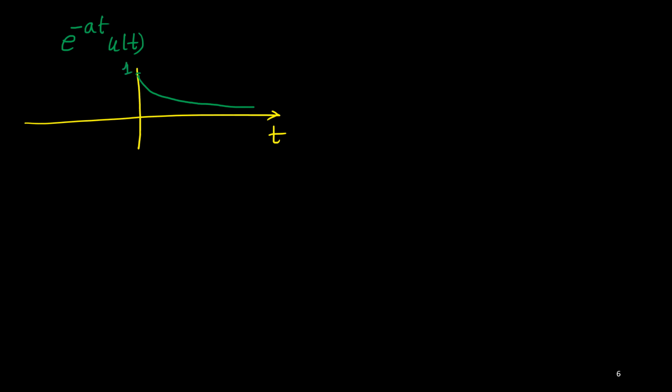Now if I add the second component, e to the power plus at u of minus t, I will get the left hand side, from minus infinity to 0, and it is the reversal of this one.